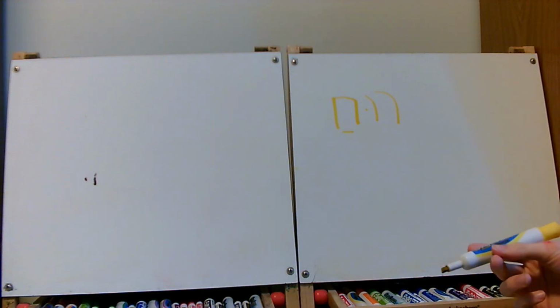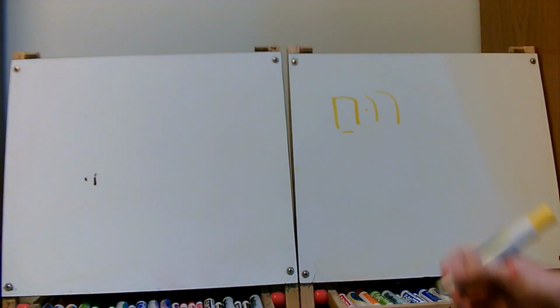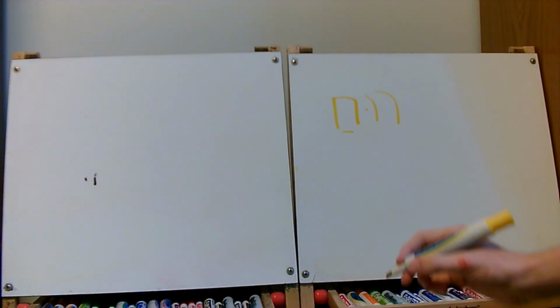Another example, this one has both one for ayin and one for chet: the name and title of Jesus.